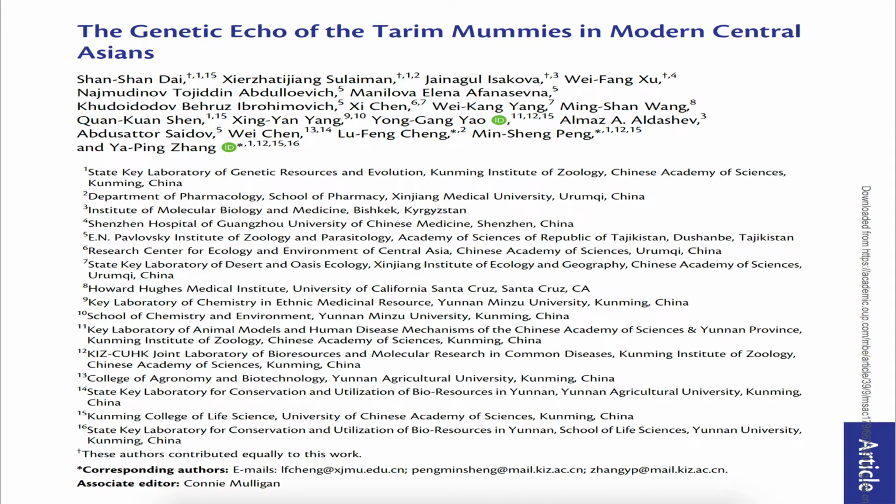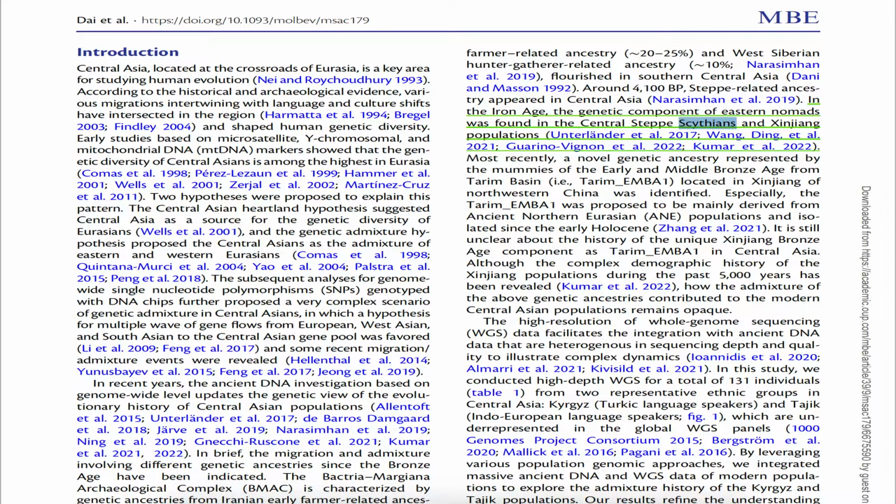Fifth article, we have the genetic echo of the Tarim mummies in modern Central Asians. This article was published in 2022. It says, in the Iron Age, the genetic component of Eastern nomads was found in the Central Steppe Scythians and Xinjiang populations.